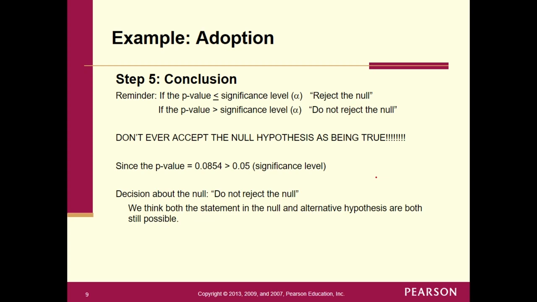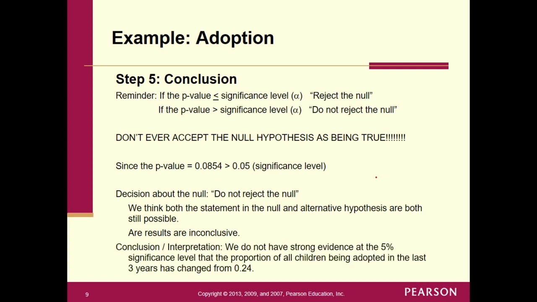They're still very plausible, and we don't know which one it is, so our results are inconclusive. Now, when you reject the null hypothesis, you are pretty sure of what's going on; you have really strong results. When you say do not reject the null hypothesis, you are in a wishy-washy mode. We don't know which one it is.